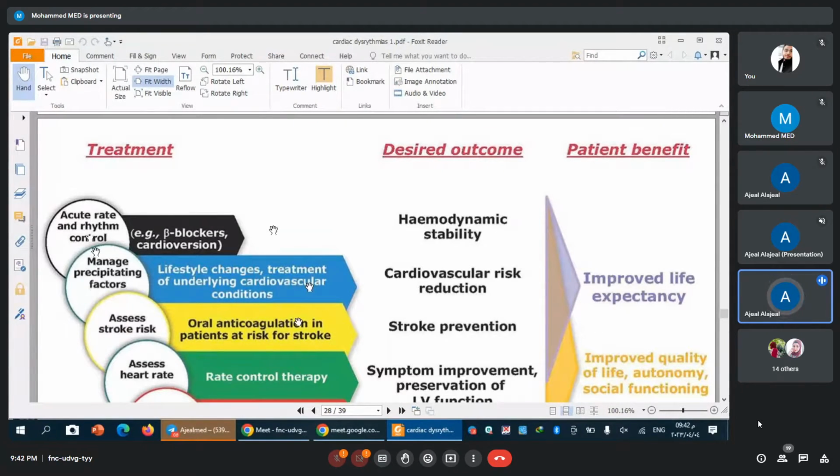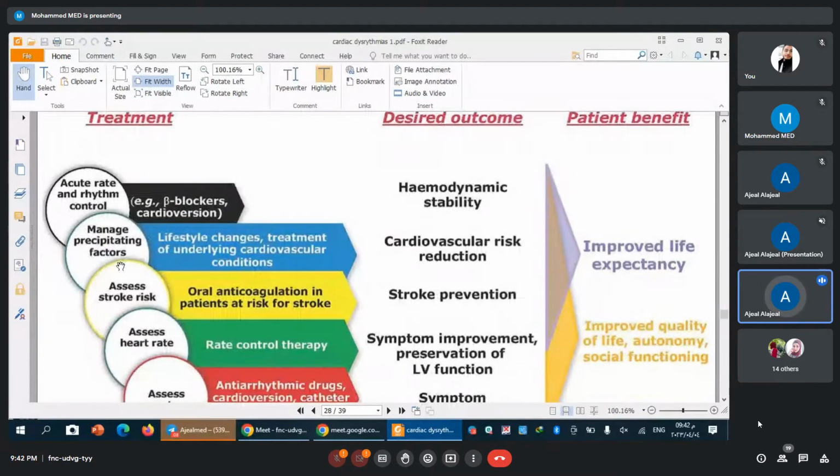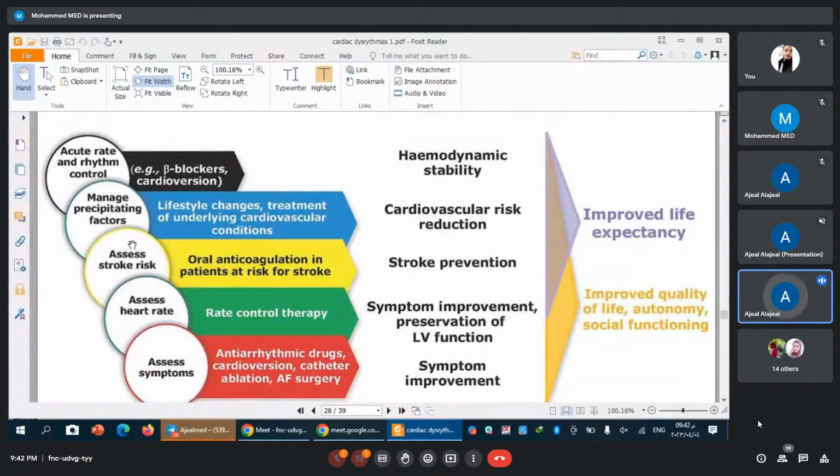Then oral anticoagulation should be given, but not only oral, injectable as well, and I will come to this. And then you have to control the rate, shown in green, okay? And give the antidysrhythmic drugs, shown in red, or cardioversion or catheter ablation or AF surgery.